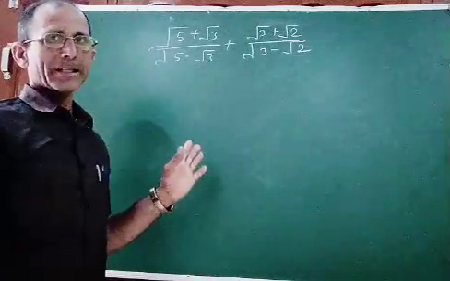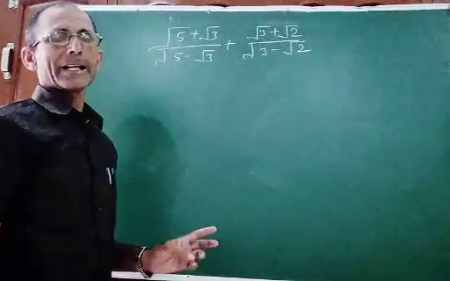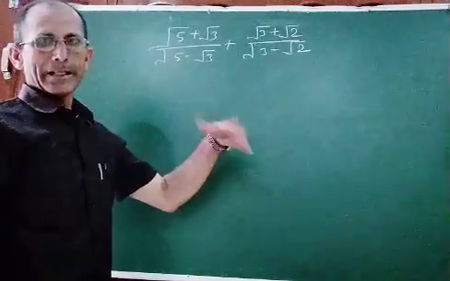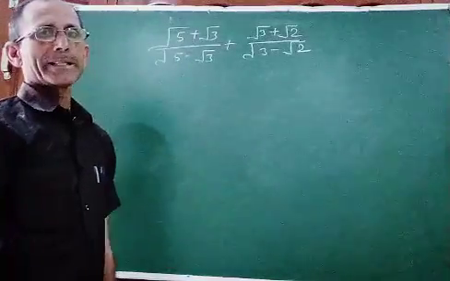So first I told you, if only one irrational number is there, then you can rationalize. Now two are there. So how to rationalize it?